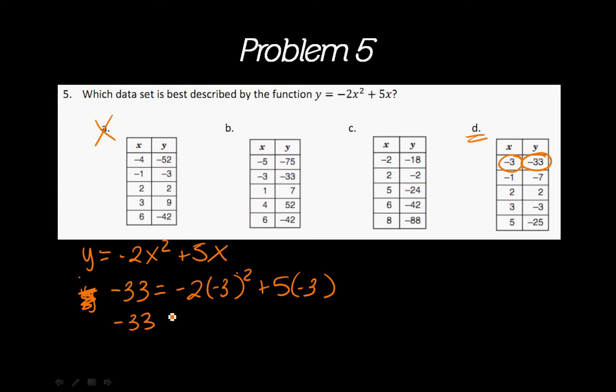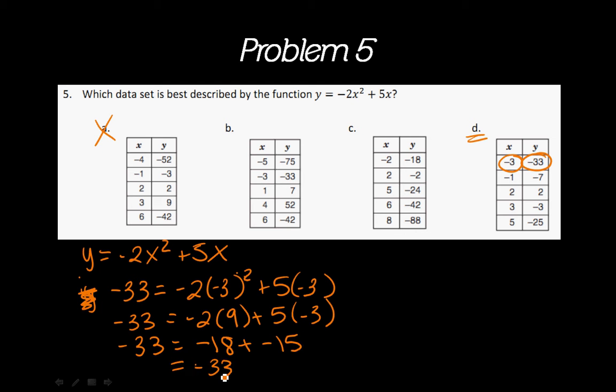So negative 33 equals, negative 3 times negative 3 is positive 9. And then if we simplify that further, we get here negative 18 plus negative 15, which comes out to negative 33. And that ends up working.